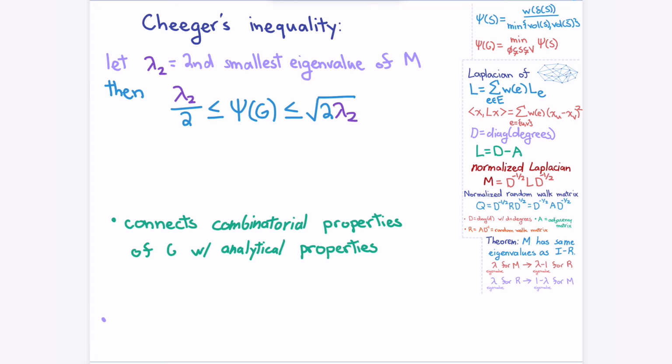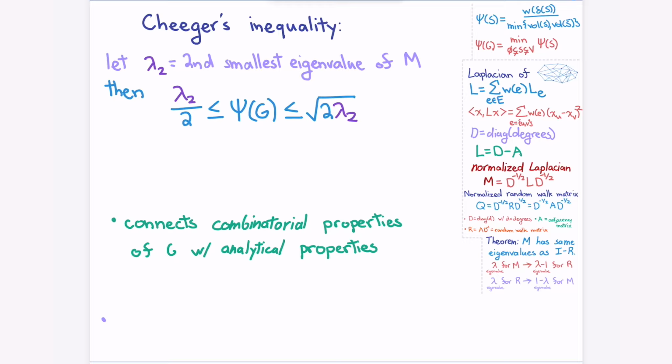And now one thing kind of unusual is, of course, the square root, right? That's not a typical approximation. Now, we should mention that if lambda 2 is very close to 1, at least some constant, then the square root's not that big a deal. And you actually get a constant factor approximation for conductance if lambda 2 is a constant.